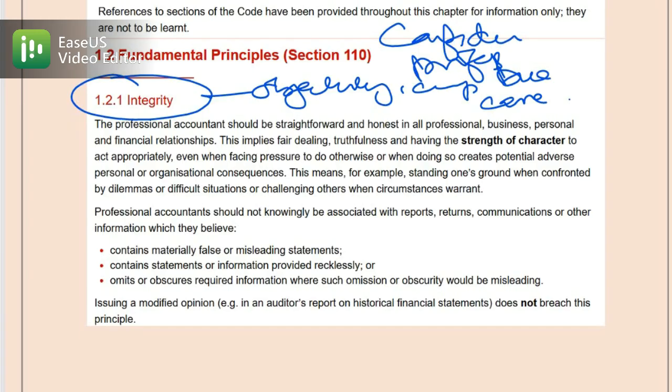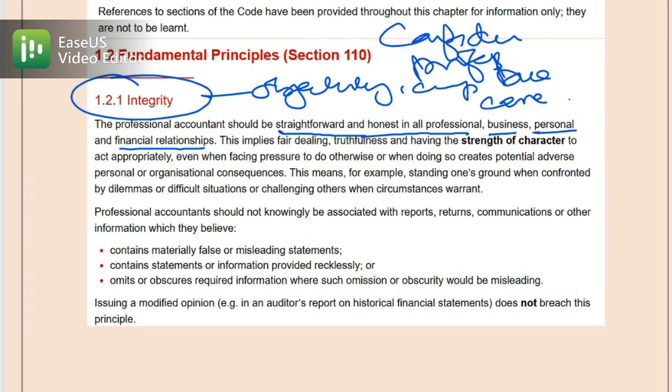Now here we have the first one, integrity. What does integrity mean? In simple terms, it means being straightforward and honest in all professional, business, personal, and financial relationships.